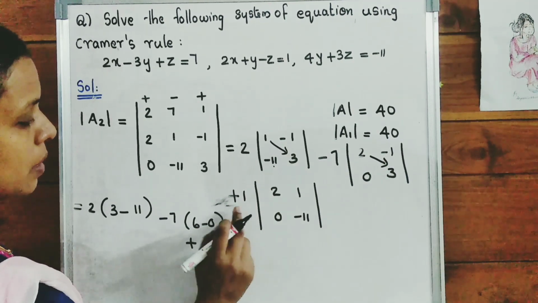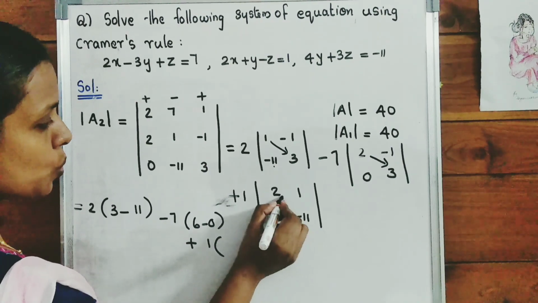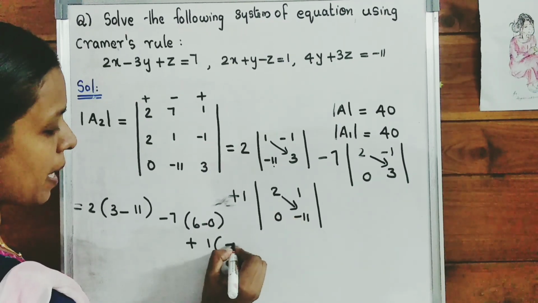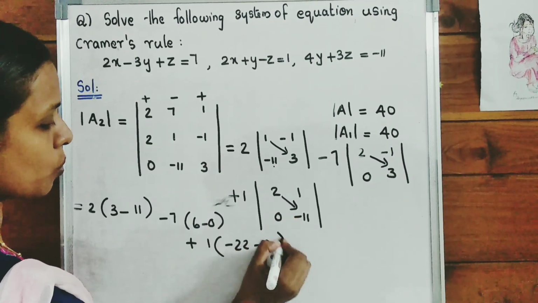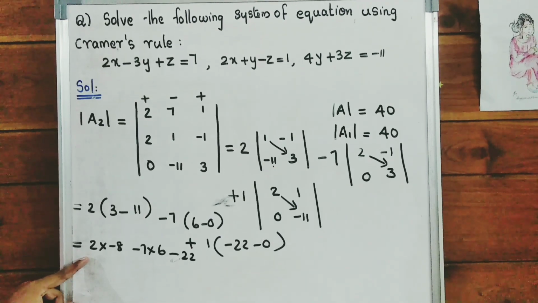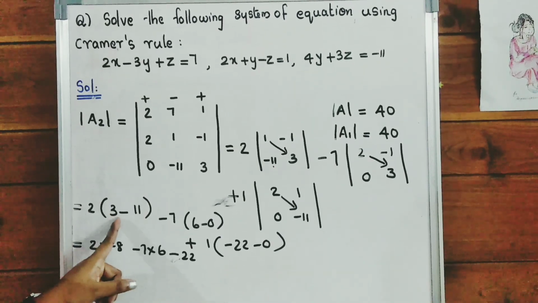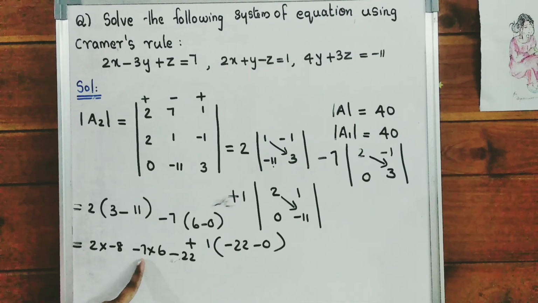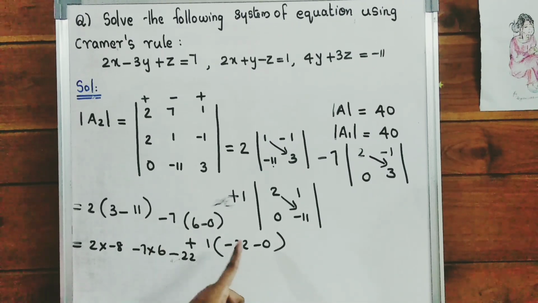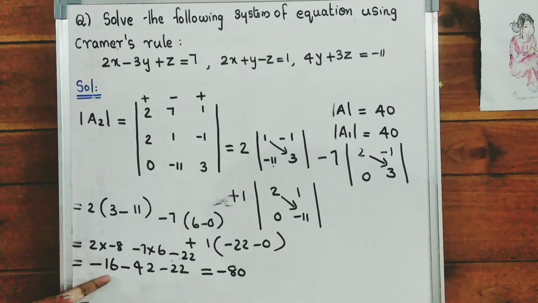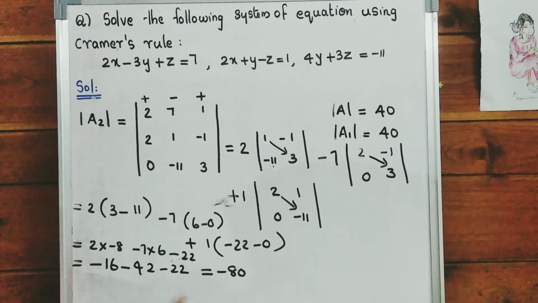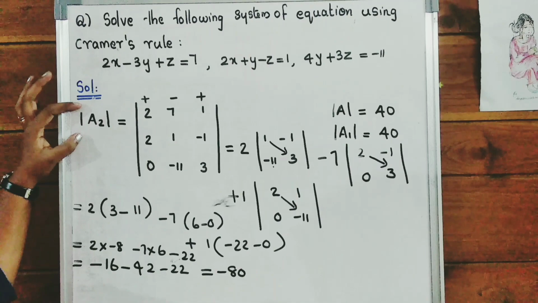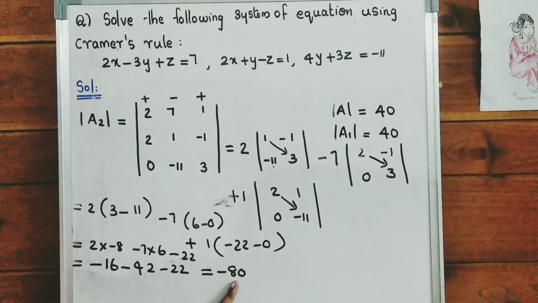Plus, here 1 into 2 minus 11, that is minus 22, minus 0. That is equal to, we get 2 into, here 3 minus 11 is minus 8, minus 7 into 6, minus 22. Minus 16, minus 42, minus 22, that is equal to minus 80. We get determinant A2 is equal to negative 80.